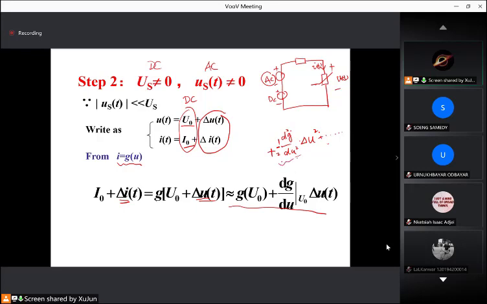We ignore the higher order part. We only concern ourselves with the first order. This is the first order, dG/dU, the differential.